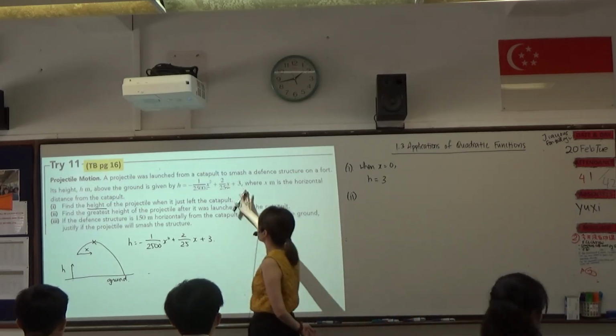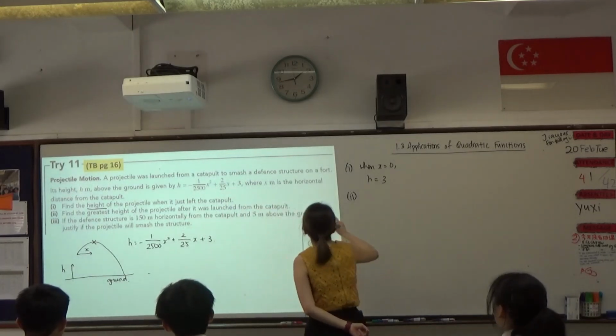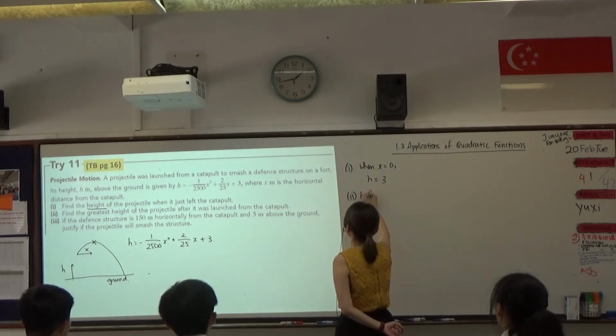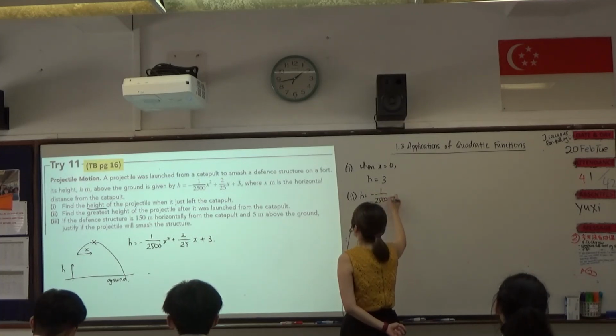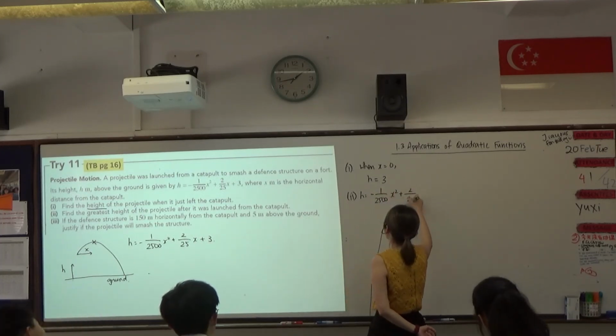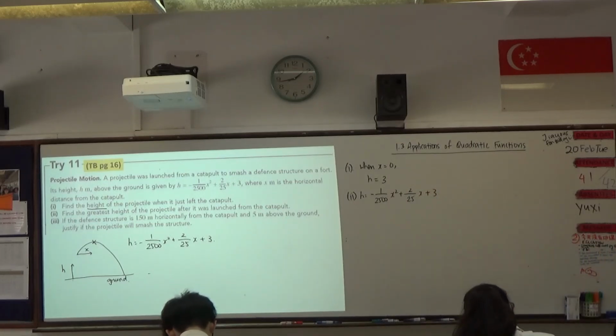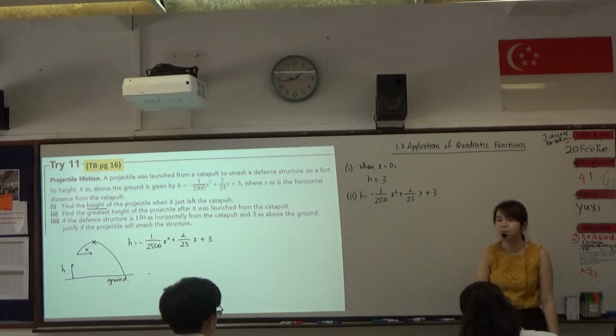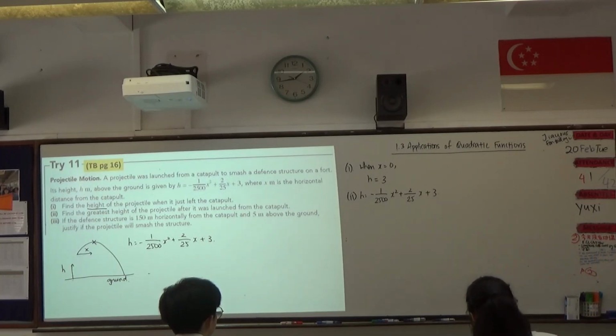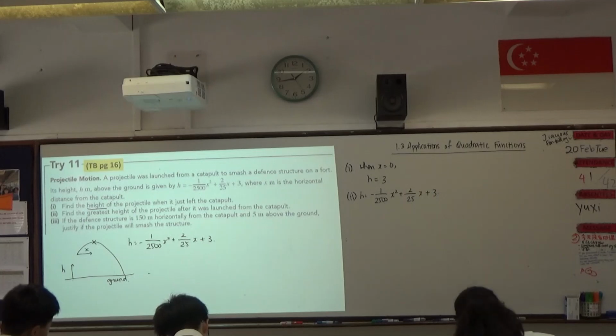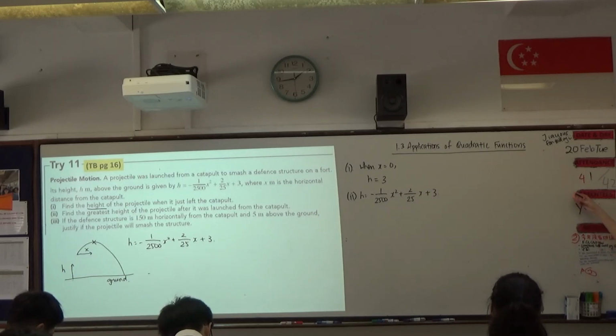Thursday you were all tested on completing the square, right? No, you cannot just multiply by 2,500 because down here is an expression, it's not a value. So complete the square for this. I'll give you 2 minutes, it shouldn't take too long.